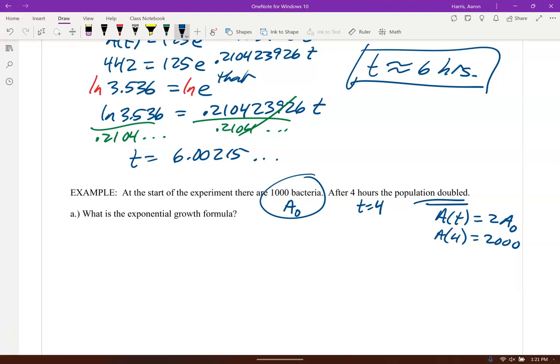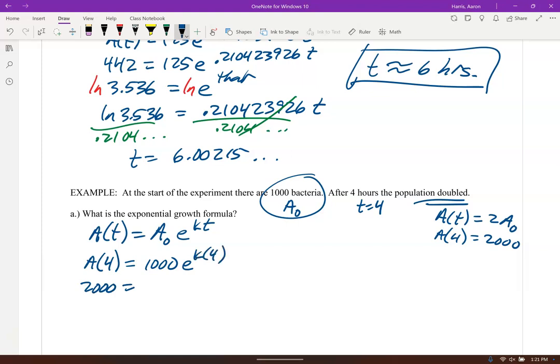So let's go ahead and do the growth formula. A of t equals A sub 0 e to the kt. We started with 1,000. After 4 hours, I have double, I have 2,000. So I'm going to divide both sides by 1,000.